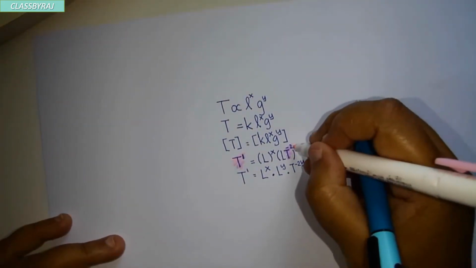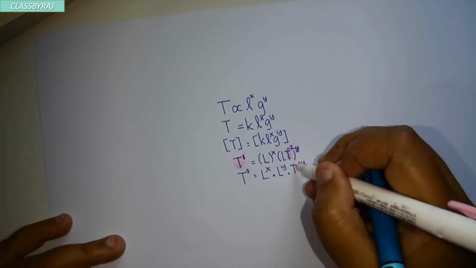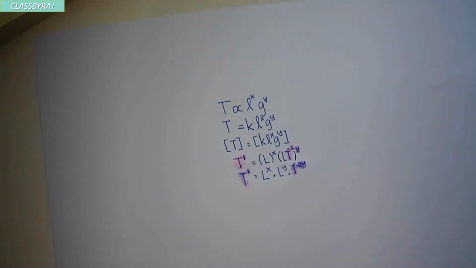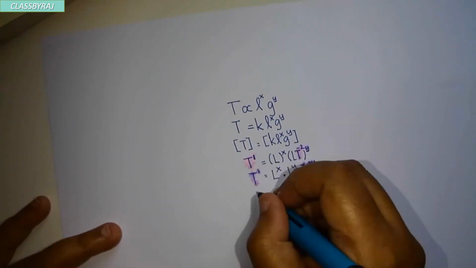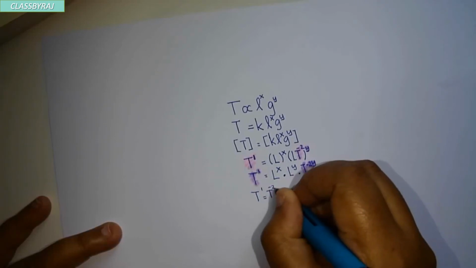So it's actually this y is also involved here. So T^1 and T^-2y. So I'm going to equate both sides. T^1 equals T^-2y.